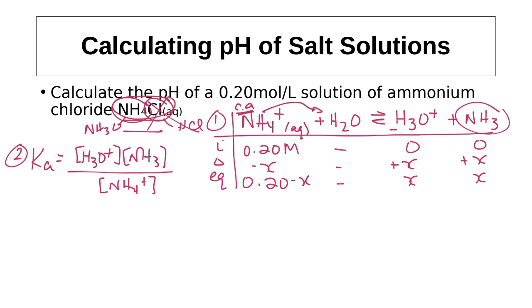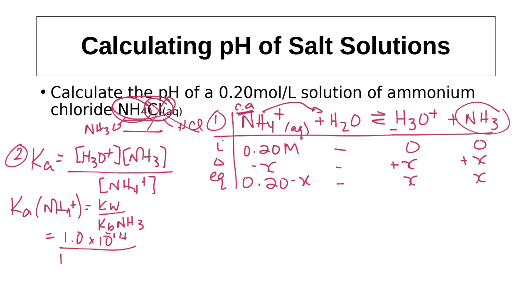So you're going to calculate right here the Ka of the ammonium ion by taking Kw over the Kb of ammonia. And when you take 1.0 times 10 to the negative 14, and divide by 1.8 times 10 to the negative 5, you get a value of 5.6 times 10 to the negative 10.